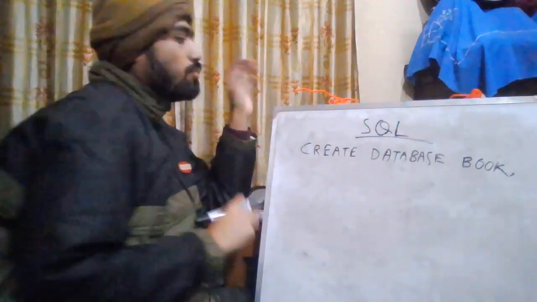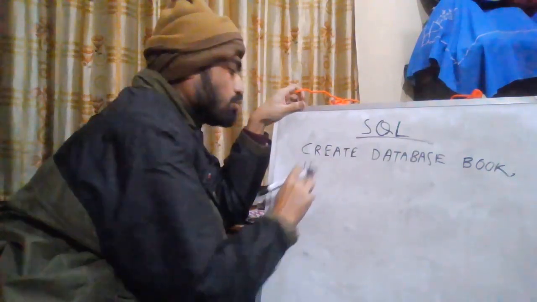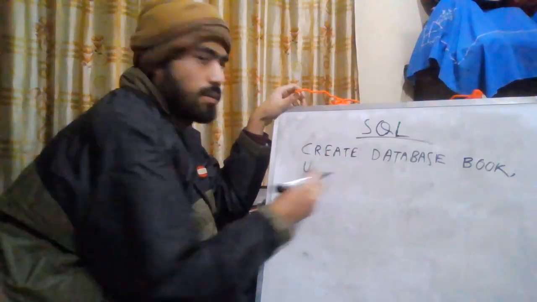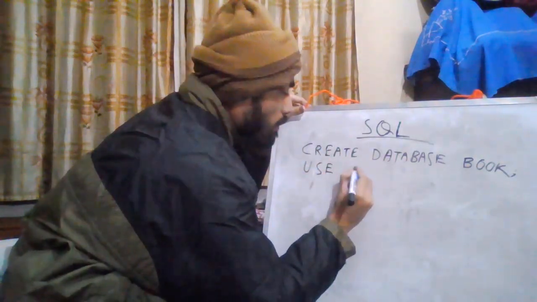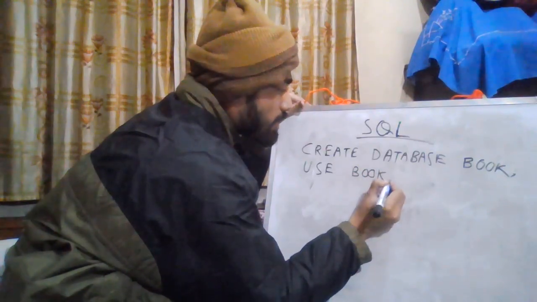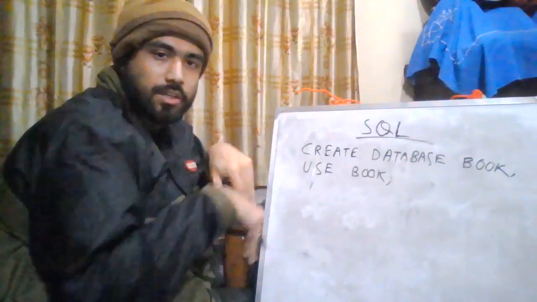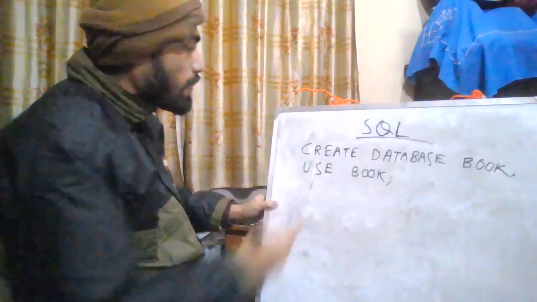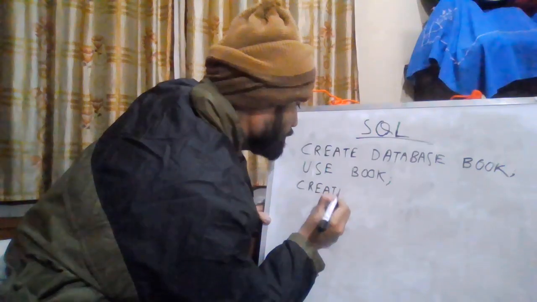Okay, book database is created. Now to dive into this database, we have to write use book, the name of the database. Now we have immersed into the database, which is book. Now I'm creating a table. Create table.